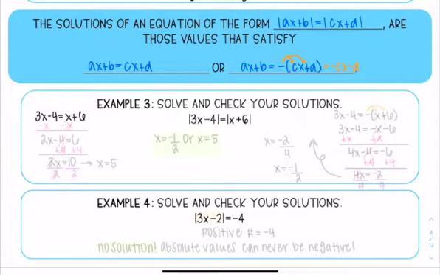In the other case, we're going to keep the left-hand side the same, but we're going to make the right-hand side completely negative. That's where you're going to distribute the negative to both pieces. So let's just go ahead and do that so we can be done with it. So we got 3x minus 4 equals -x minus 6.